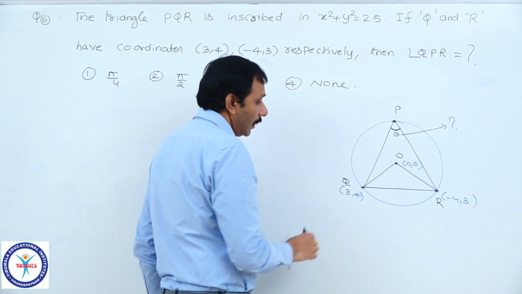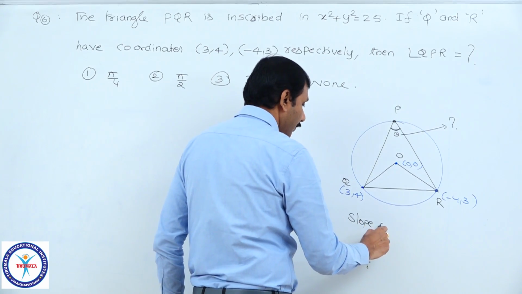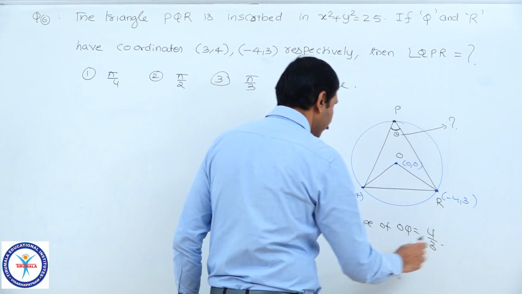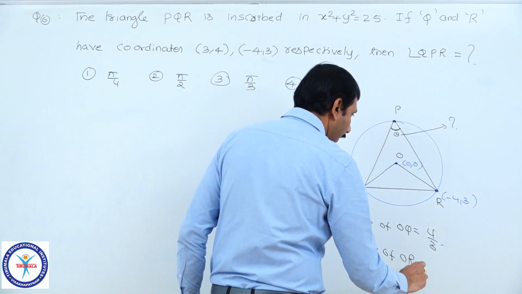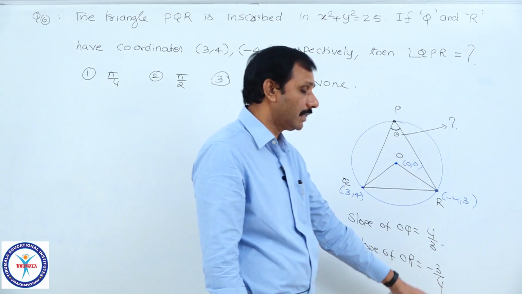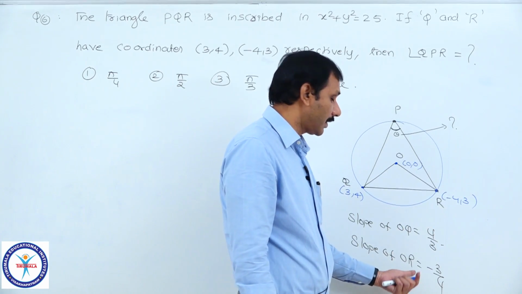Now, let me observe this slope. Slope of OQ is equal to 4 by 3, and slope of OR is minus 3 by 4. Yes, 4 by 3 and minus 3 by 4, m and minus 1 by m. The product of their slopes equal to minus 1.